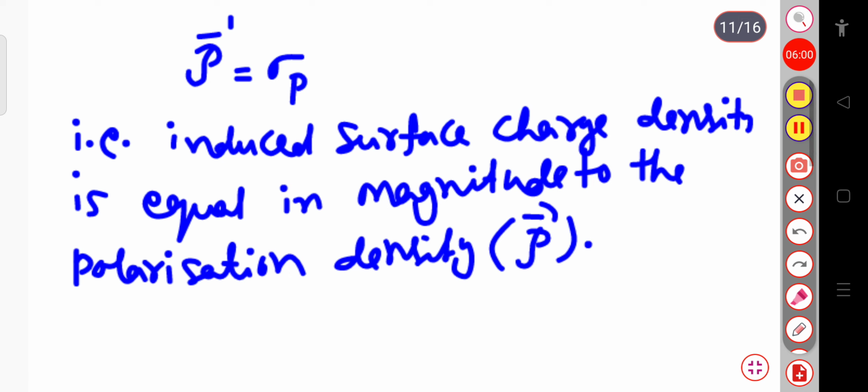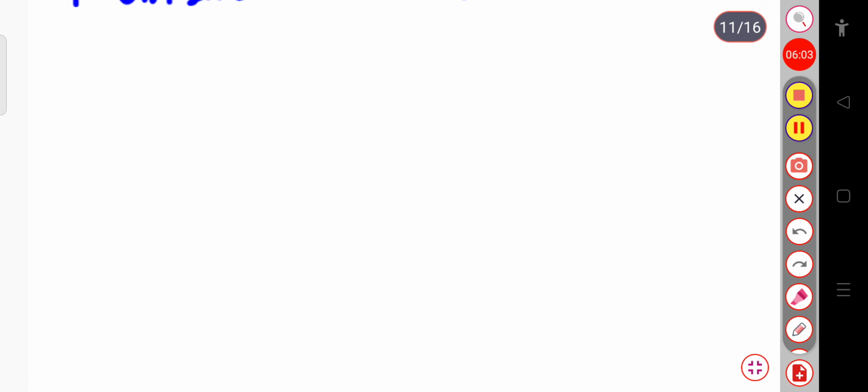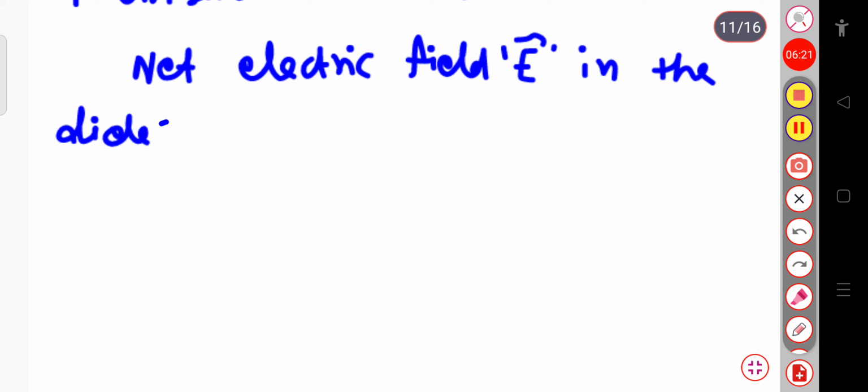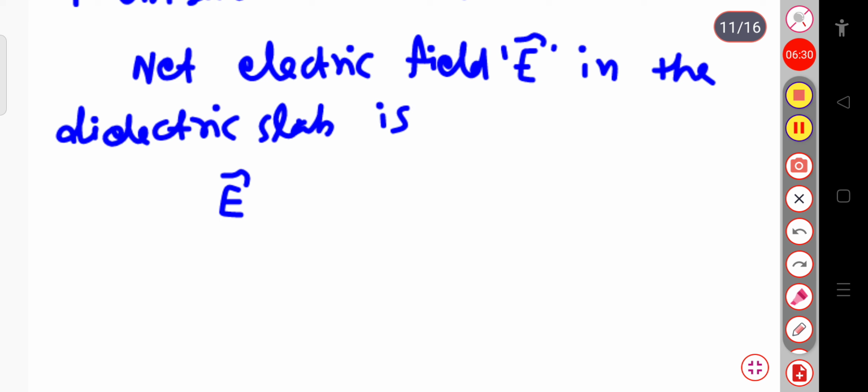Now also we can write the net electric field E vector in the dielectric slab. For the net electric field in the dielectric slab, E will be equal to E naught minus EP, where E naught is the applied electric field and EP is the polarization electric field, or the induced electric field.